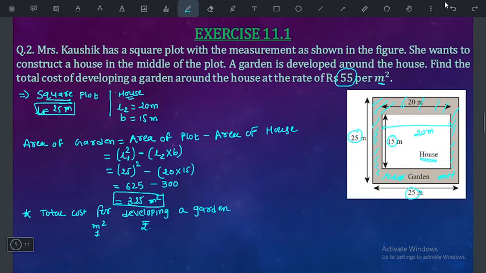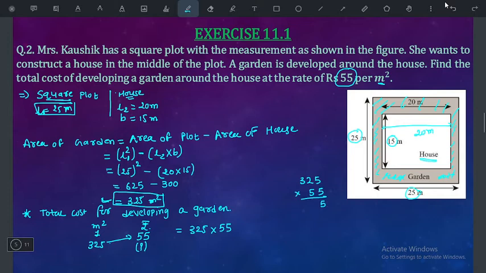For 1 meter square, cost is rupees 55. We want to develop a garden in an area of 325 meter square, so for 325, how much money do we need? So we multiply 325 with 55.